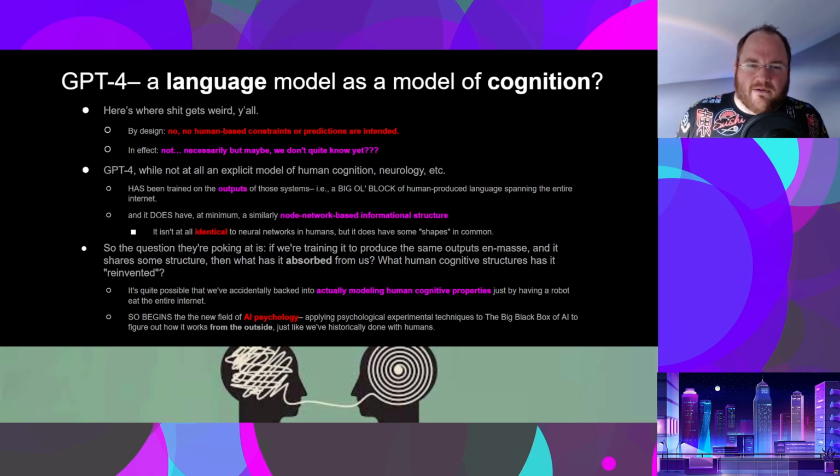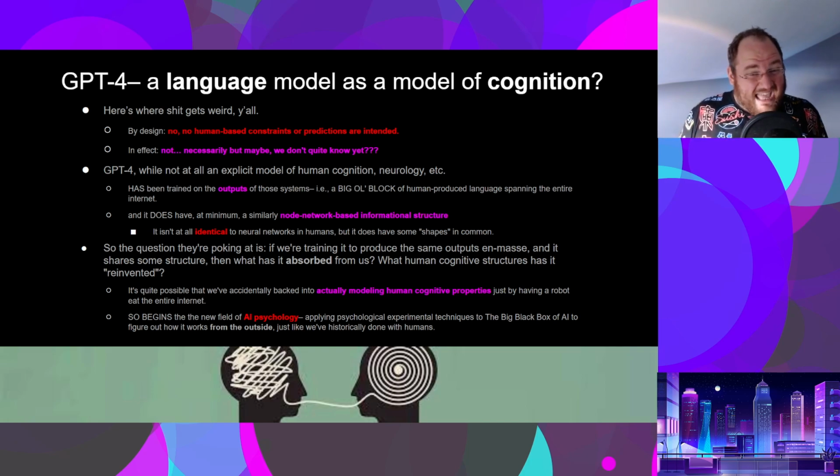That's up in the air as far as what we're seeing develop, right? Because GPT-4 is not at all an explicit model of human cognition, neurology, anything like that, but it has been trained on the outputs of those systems. The outputs of humans typing things, the big old block of human-produced language spanning the entire internet.